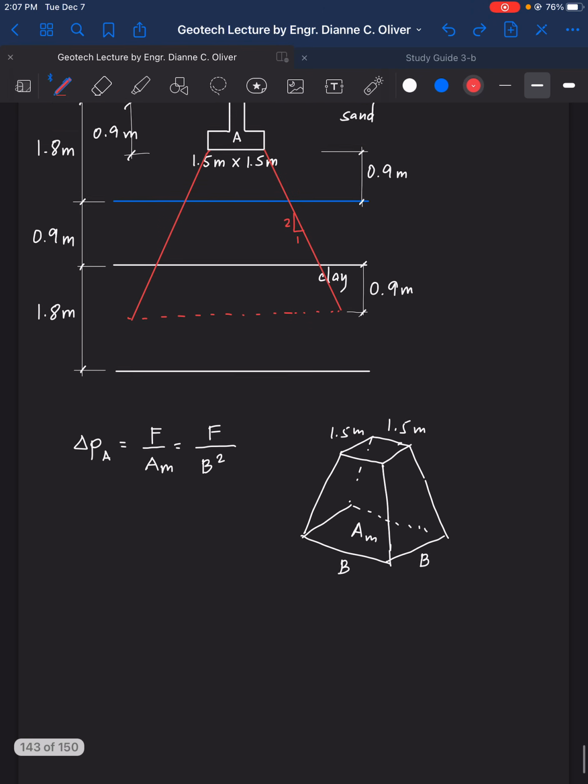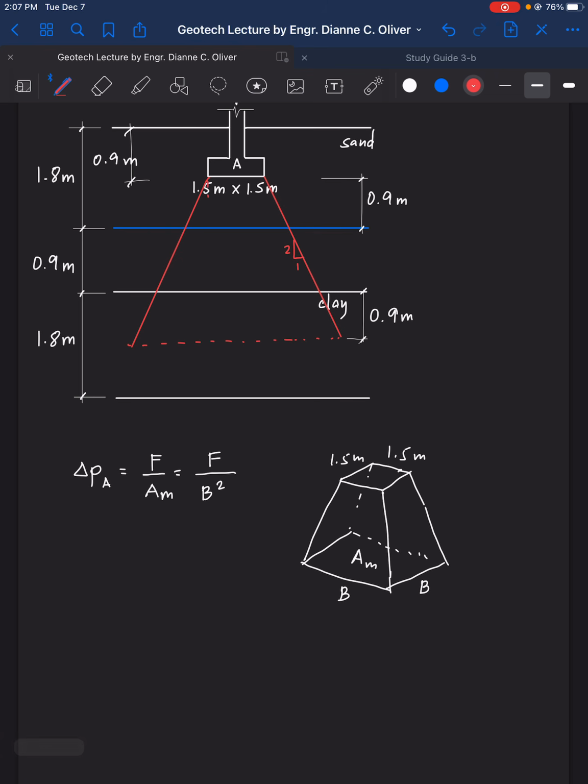Okay, so what we do here is, let's separate the triangles. So what is the dimension of this one here? In the triangle, we have the x and the x here, and this is 1.5. Therefore, B is equal to 2x plus small b. The small b here is the 1.5. So how do we get the value of 2x?